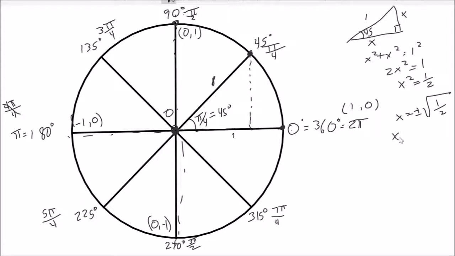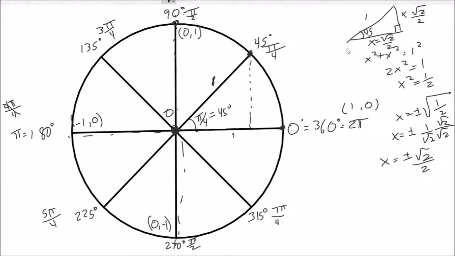So that would become x equals plus or minus 1 over root 2, and then we're not allowed to leave irrational denominators, so we're going to rationalize it like this. And so what do I get? x equals plus or minus root 2 over 2. So what we just showed is that this length right here is root 2 over 2, and this length right here is also root 2 over 2.